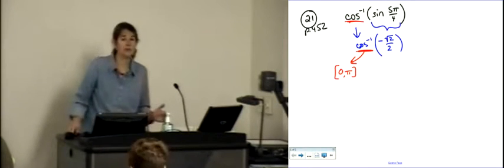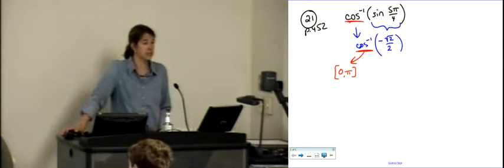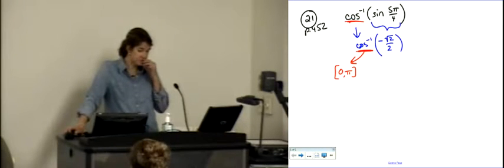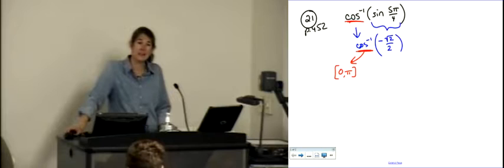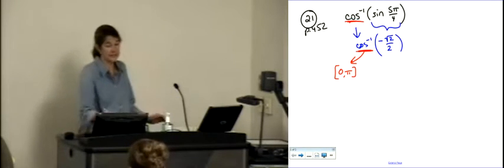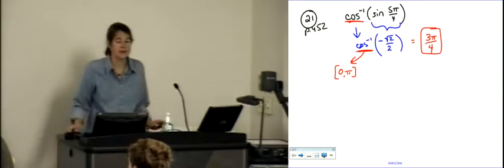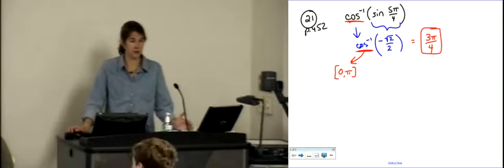So what angle from 0 to pi has a cosine value of negative square root of 2 over 2? 5 pi fourths is past pi. Okay? It's going to be 3 pi over 4, the one that's in the second quadrant up there. So 3 pi fourths. That would be the angle that has a cosine of negative square root of 2 over 2.